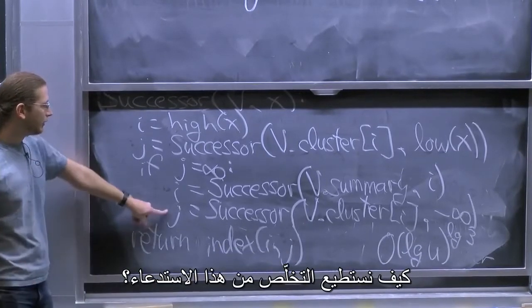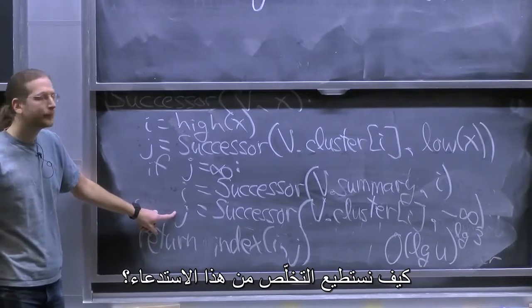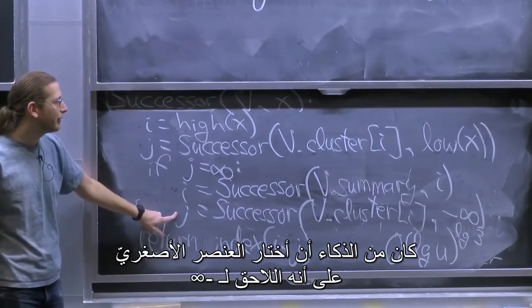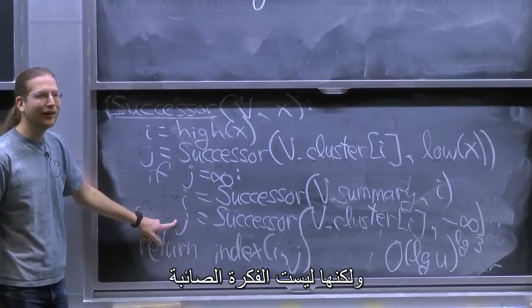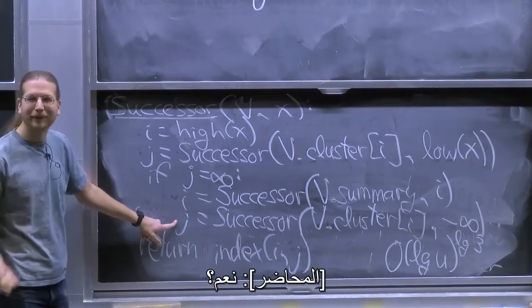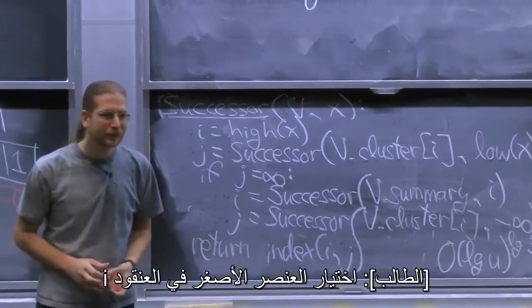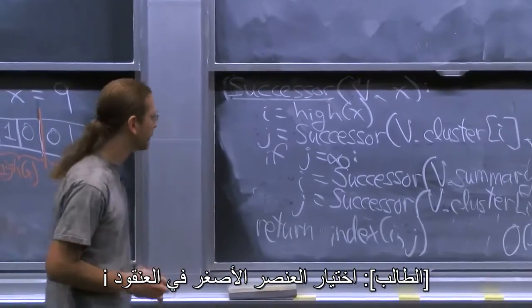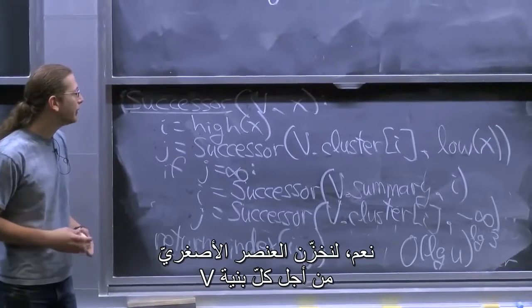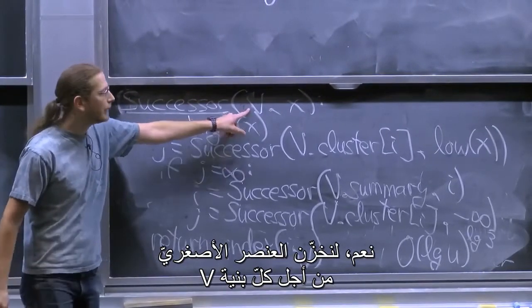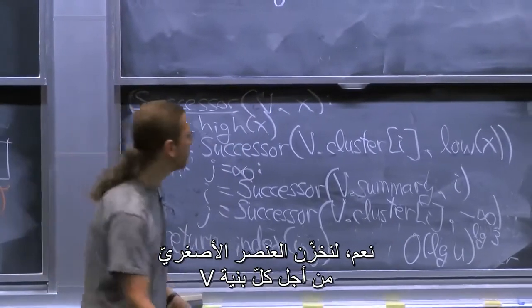How could I get rid of this call? I was being all clever that the minimum element is the successor of negative infinity, but it's actually not the right idea. Catching the minimum element in the cluster I. Store the minimum element of cluster I. In general, for every structure V, let's store the minimum.